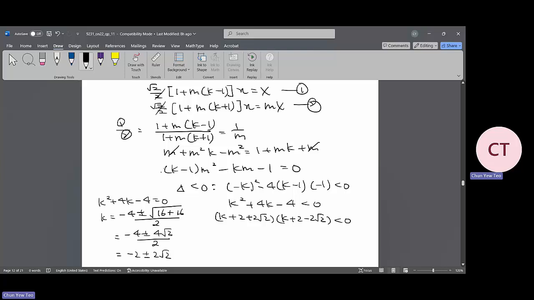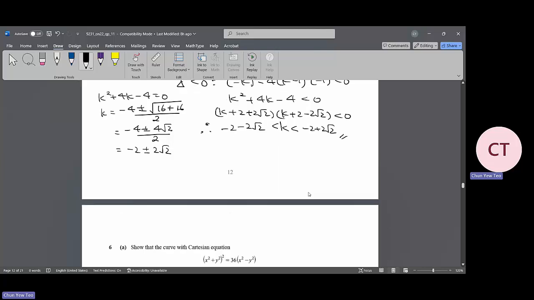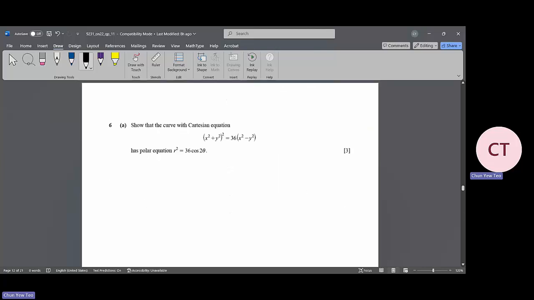So from here, we can see that your k must be between these two values, negative 2 plus 2 root 2 and negative 2 minus 2 root 2. So therefore, your k will be between these two values. And move on. We have question number 6.